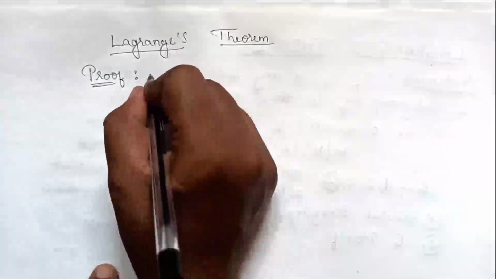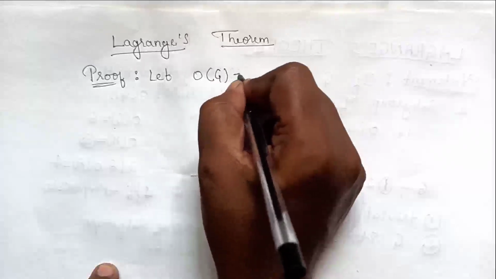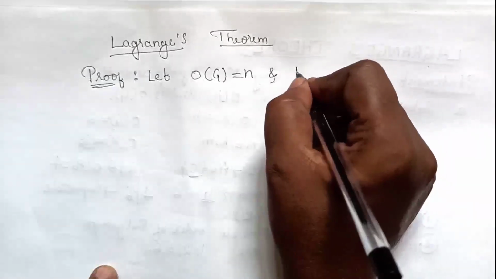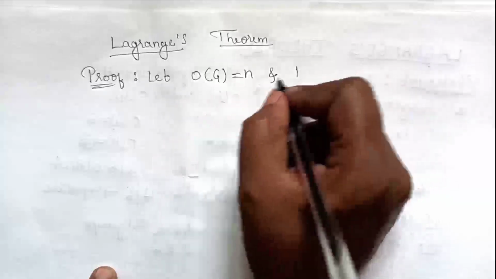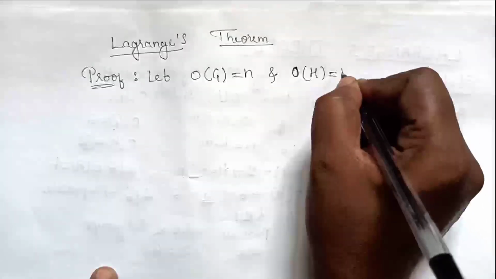Proof. Let G be a group of order n, so order of G equals n, and let H be a subgroup of order m, that is, order of H equals m.